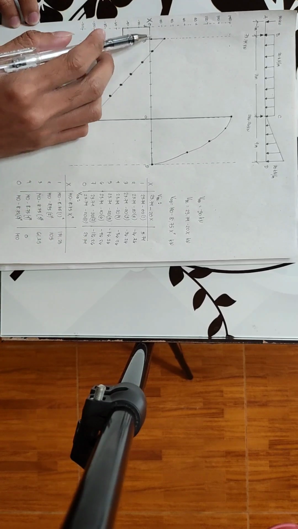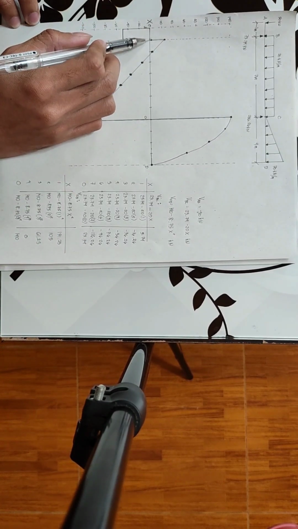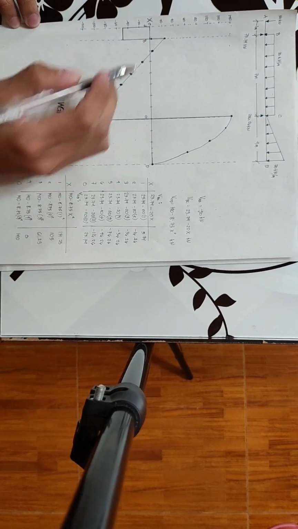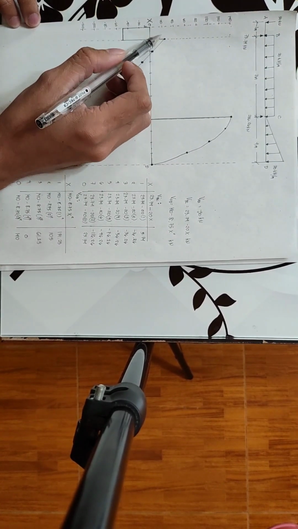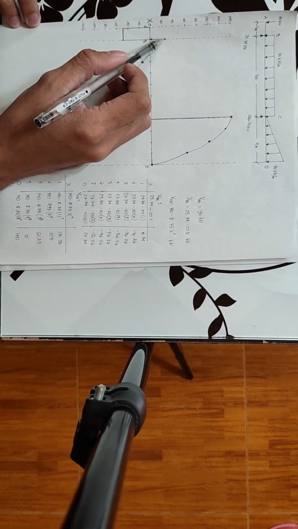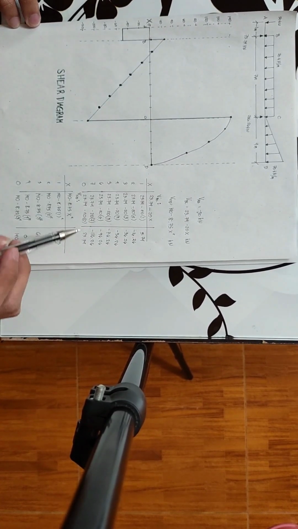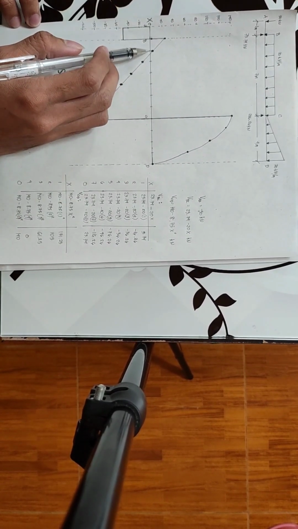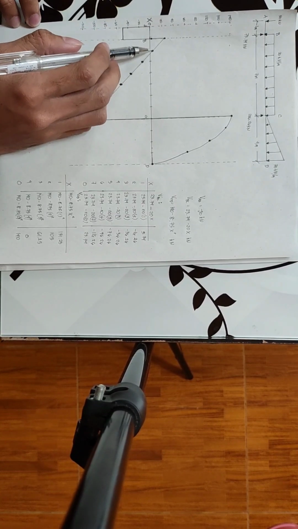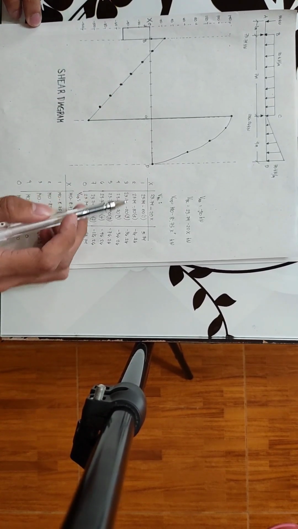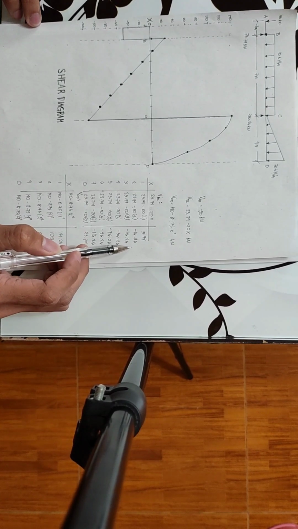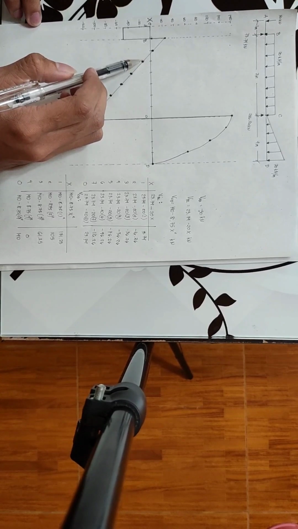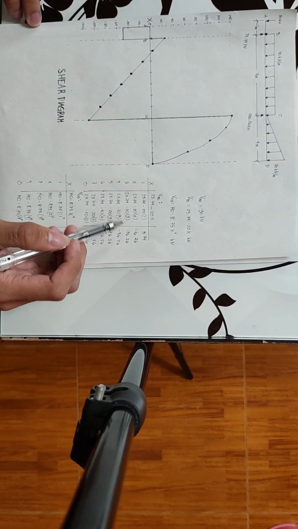So at distance 0 from B, it's 23.74, so above 20 is 23.74. Then if x is 1, it's 3.74, so it's located here. Then if x is 2, it's negative 16.26, so it's located here. Then x of 3, negative 36.